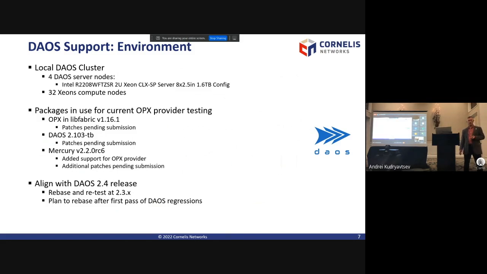We've been doing most of our testing at this level, and then Mercury 2.2 RC6, and support has been added into Mercury and into DAOS. It will be available soon. Our work right now is to align with the DAOS 2.4 release, and as Johann showed earlier, that's being shown as a tech preview. Our goal will actually be to do better than that, but we'll see what happens. It's all going to depend on how things go with the regressions.